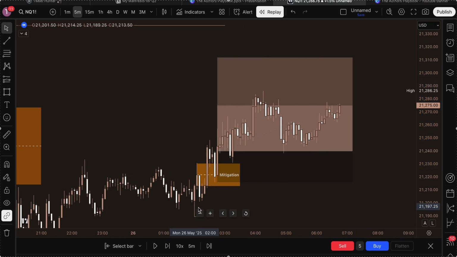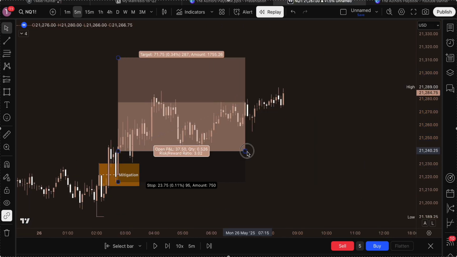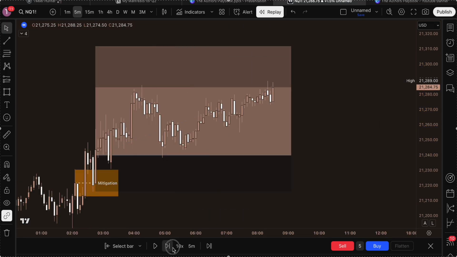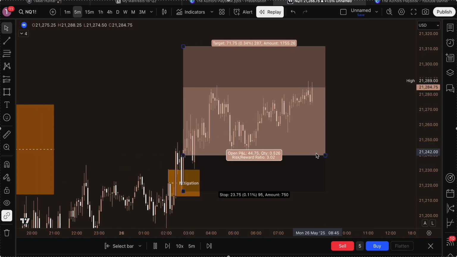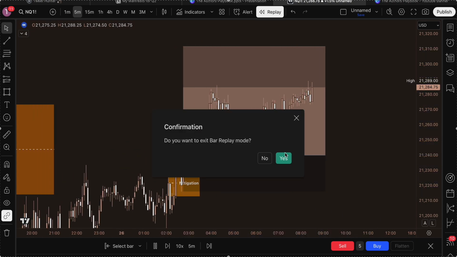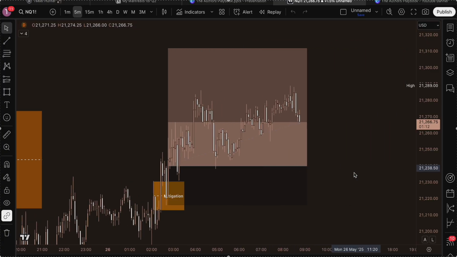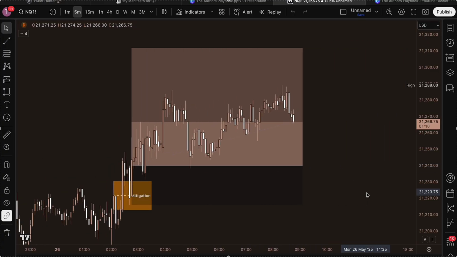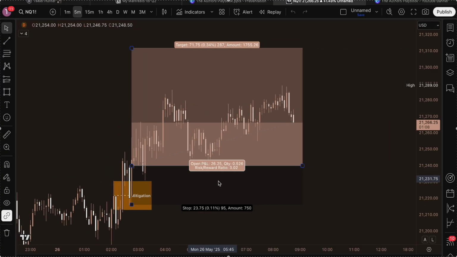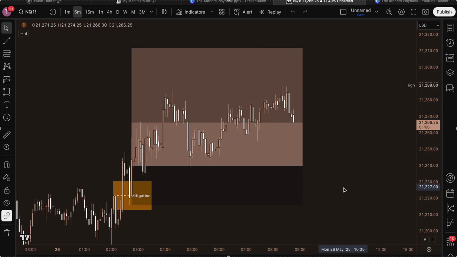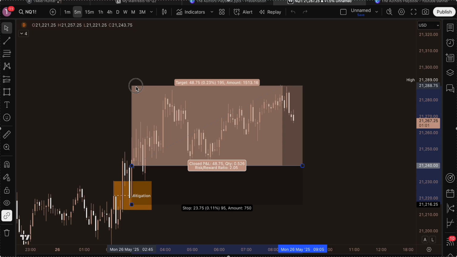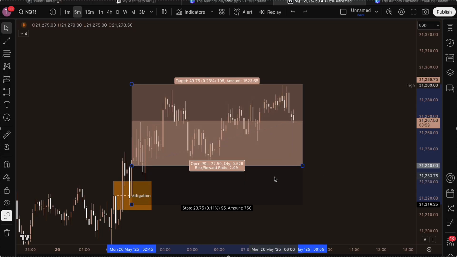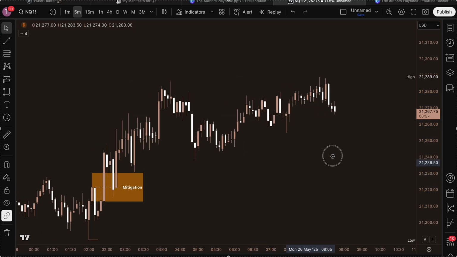Take your time. Oh, and I guess that's the live market right now. And yeah, you can expect higher prices. I didn't even know I was trading the actual live market, but there you go. You can get a 1 to 3. I think this is even a 1 to 2, isn't it? Yep, 1 to 2. That's your mitigation blocks.